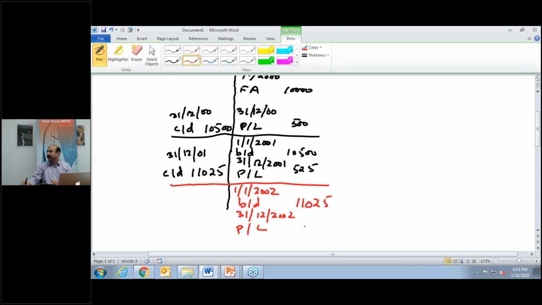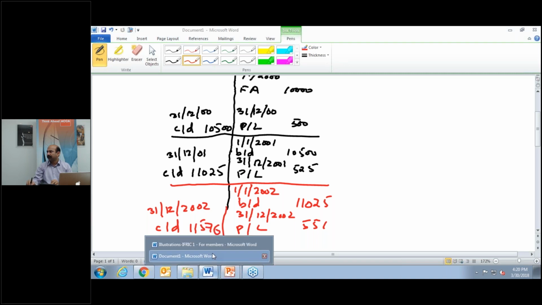So this will give you 551, and when we add it to the opening balance, this will give you the 31st December 2002 closing balance, and that is 11,576. If you go back to our question, please note it, 11,576.